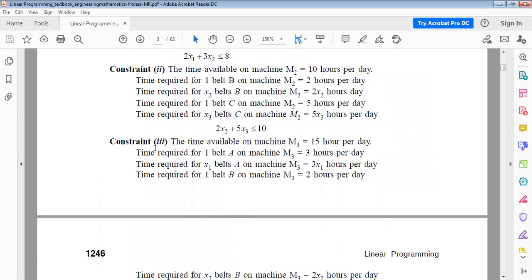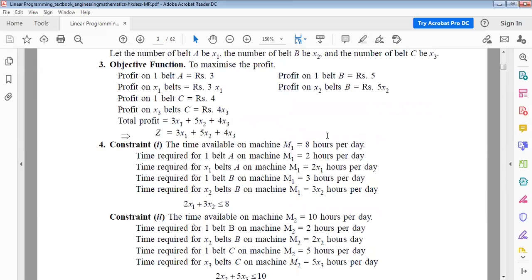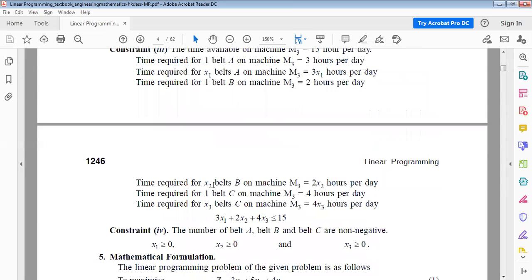For machine M3 similarly, a total of 15 hours is available. One belt of A takes 3 hours in machine M3, so x1 belts of A need 3x1 hours. One belt of B in machine M3 takes 2 hours per day, so x2 belts of B need 2x2 hours per day.